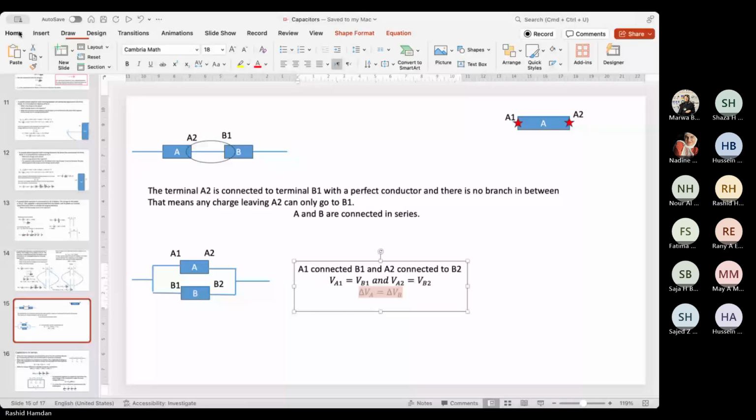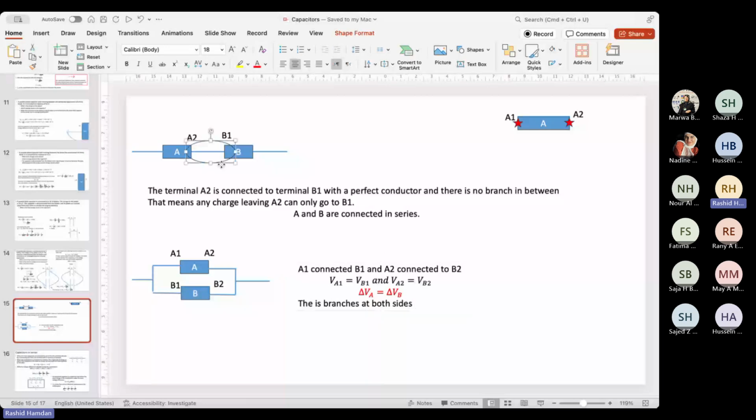Now, but there are branches at both sides. So the charge that leaves A1 does not necessarily all go to B1. Why? Because it has external terminals they can go to. So we have these branches here. So these branches allow the flow of charge to come from outside or go outside.